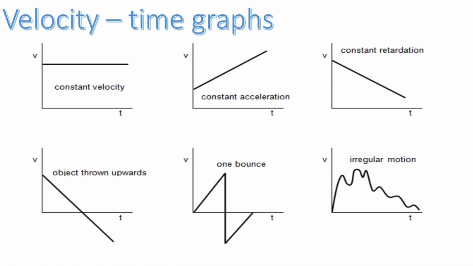Gradually the velocity decreases, and when it reaches the top position, its velocity is 0. After reaching the extreme top position, the object will change its direction. Now it will come downward. During this motion, the velocity is increasing, so it is shown by the graph in the negative y-axis.